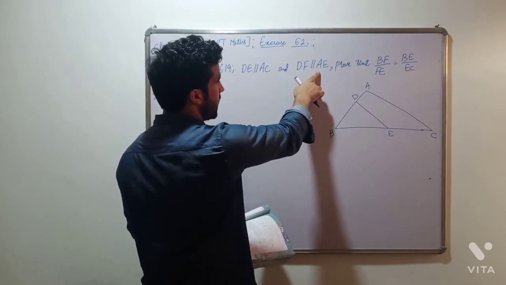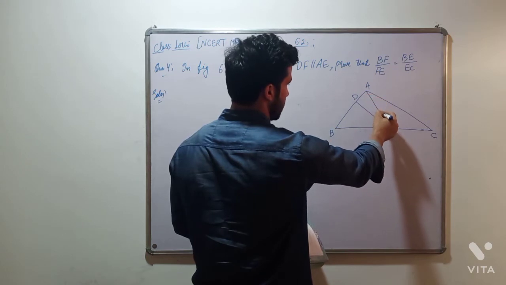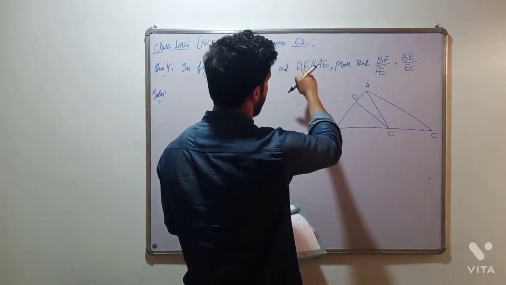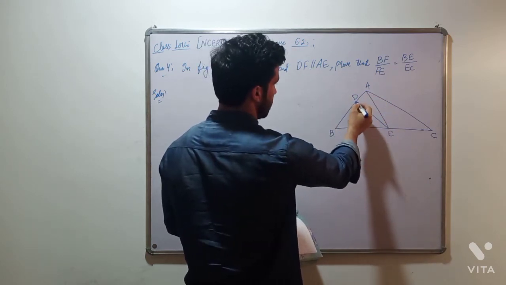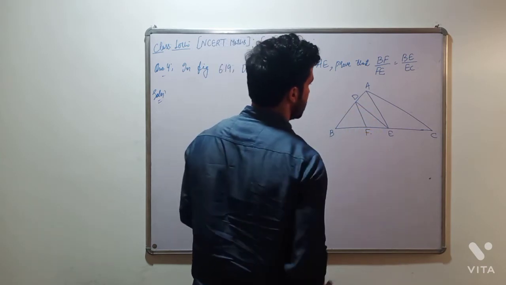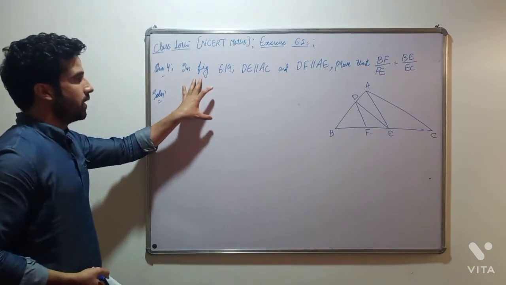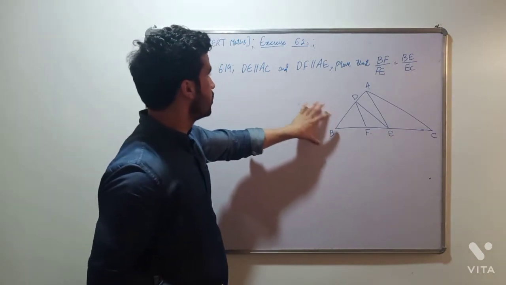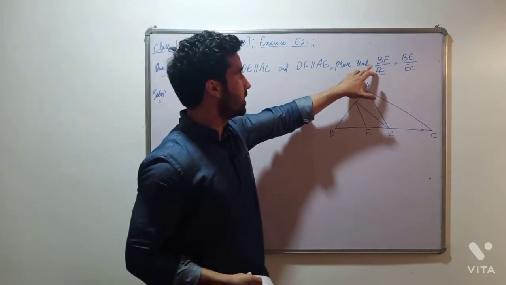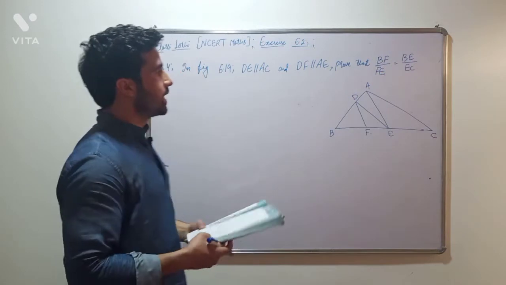DF is parallel to what? AE, which means AE will be joined here. First of all let us join this AE, so it will be like this, and we have DF which is parallel to AE, so DF will be somehow like this. Okay, so this is the complete figure for this Question Number 4, and we have to use this information to prove that BF by FE is equal to what? BE by EC. Okay, how will we prove it?